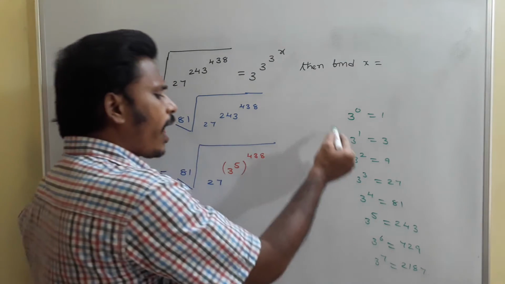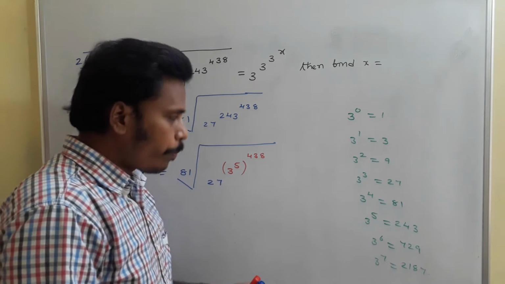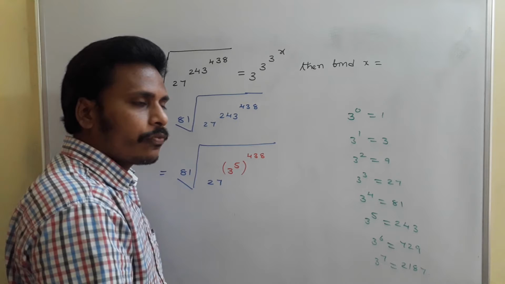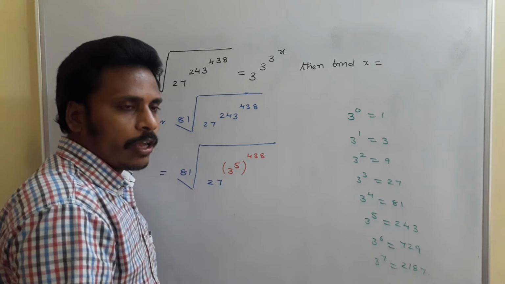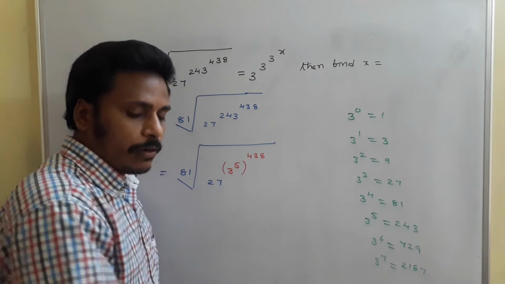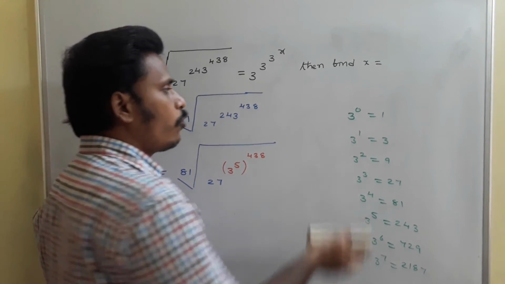So like that we need to know powers of 3. If you are perfect at the values of these powers of 3, then it is easy to solve the problem. In the first class itself I mentioned to memorize all these powers, powers of 2, powers of 3, 4 and 5, like that.